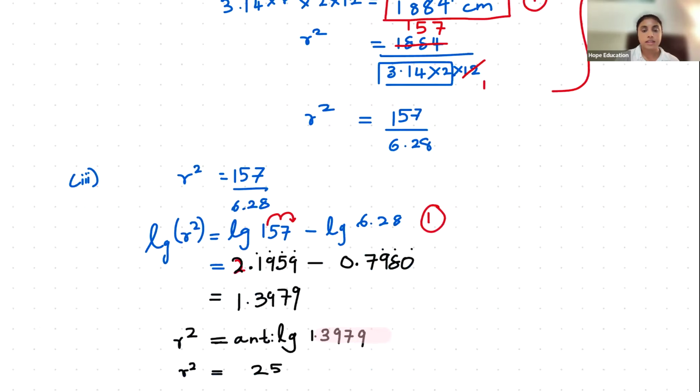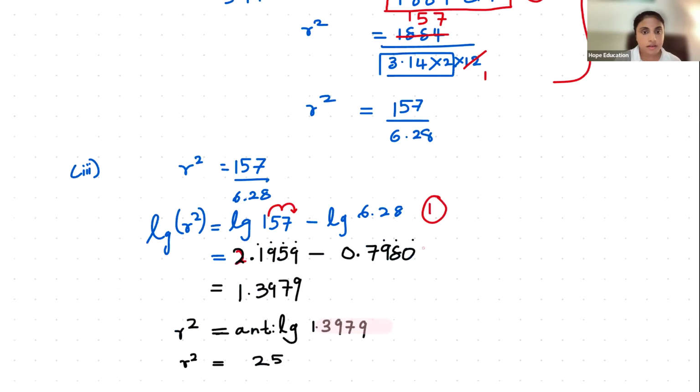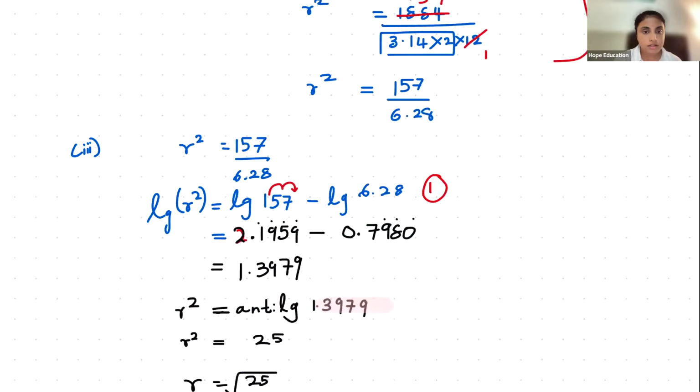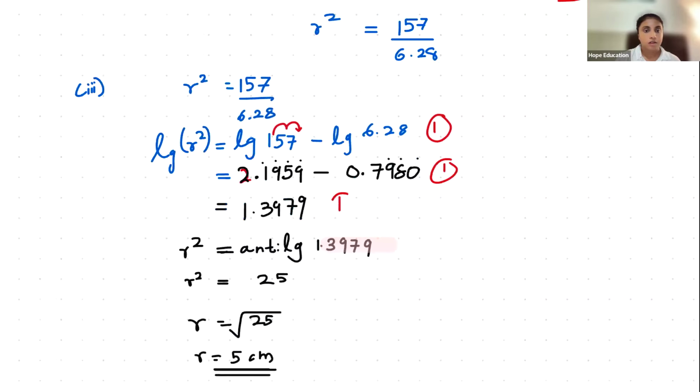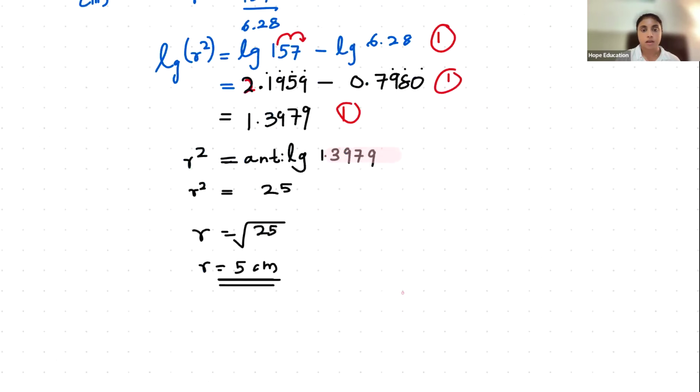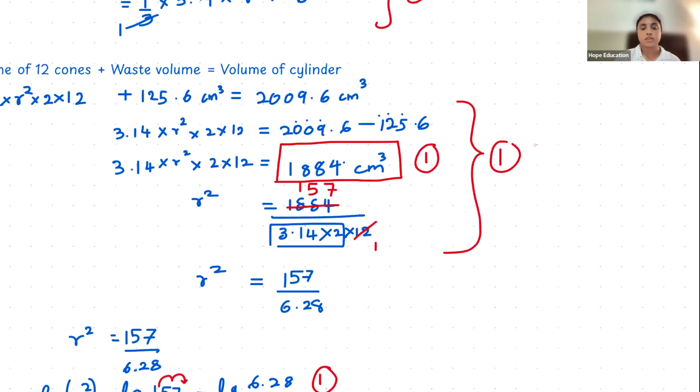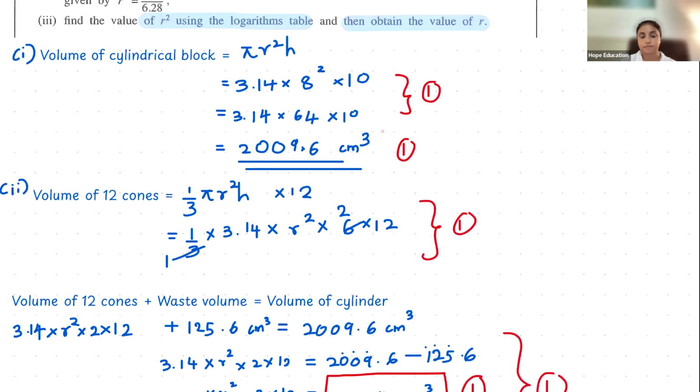Then for reading these two values and getting the two values, 1 mark. For getting 1.3979, 1 mark. For getting r squared is 25, 1 mark, and r is 5 centimeters, 1 mark. 1 2 3 4 5 6 7 8 9 10. Okay, now tell me how many marks you got out of 10.